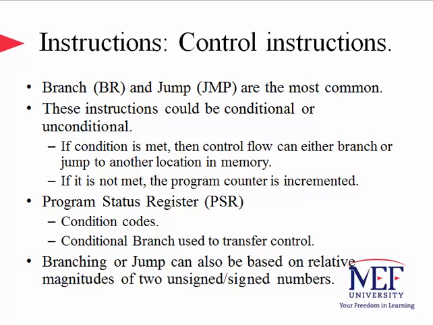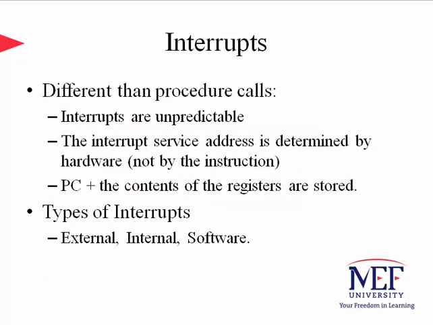A conditional branch instruction can test one or more of these status bits for a condition. If met, then the control is transferred to an effective address. Branching or jumping can also be based on relative magnitudes of two unsigned or signed numbers. For instance, greater than, less than, and equality conditions can all be used to take branching or jumping decisions in the program control flow.